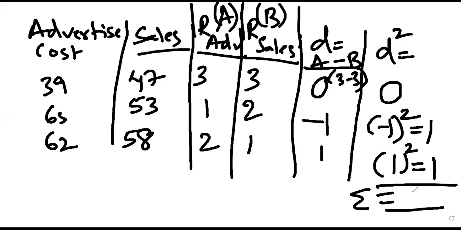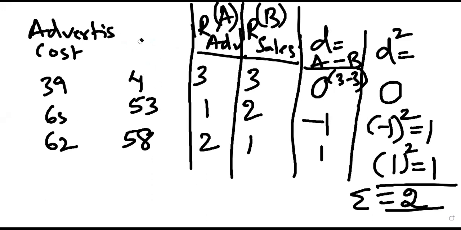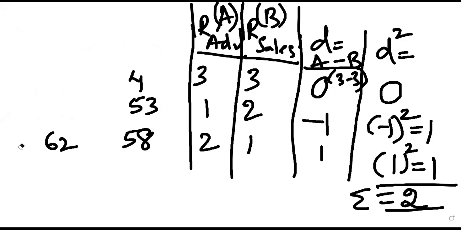Summation d square is 2. Next thing is, what is the formula here for rank correlation?